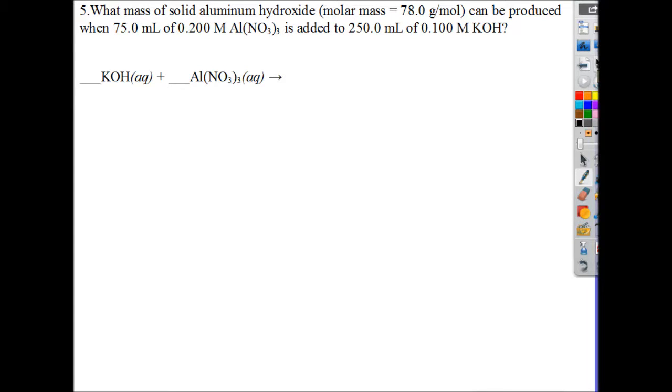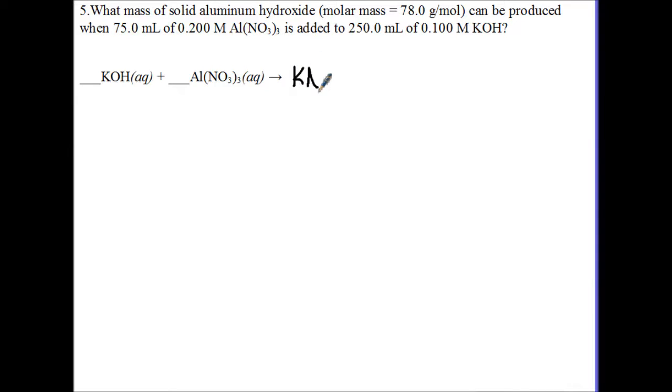Again, we have another stoich. This one doesn't give us the balanced chemical equation, so we need to write that real quick. KNO3 plus AlOH, and that's our solid.